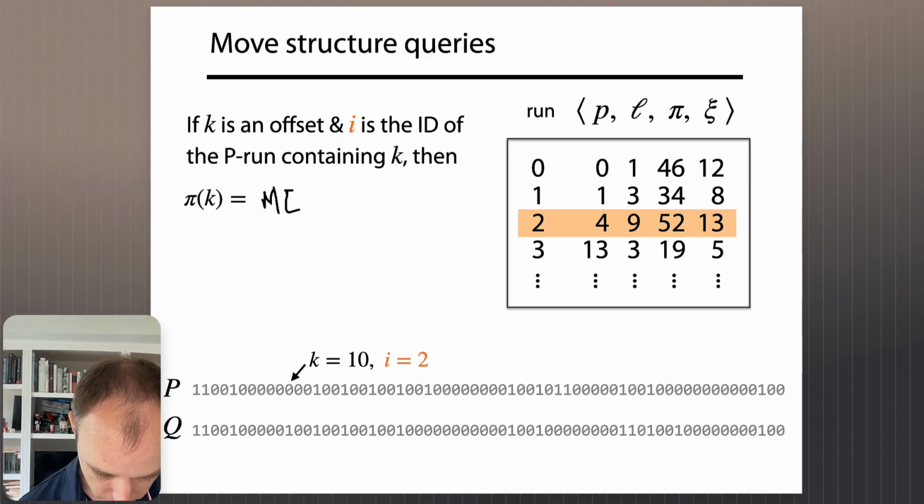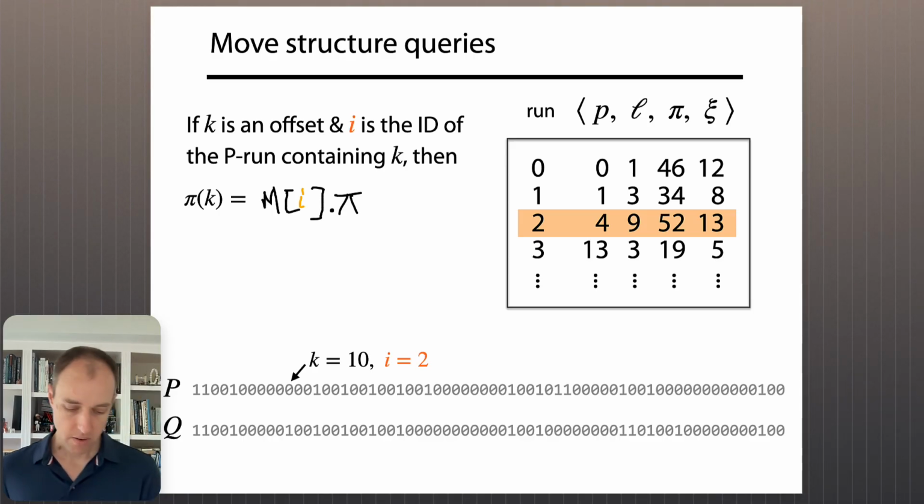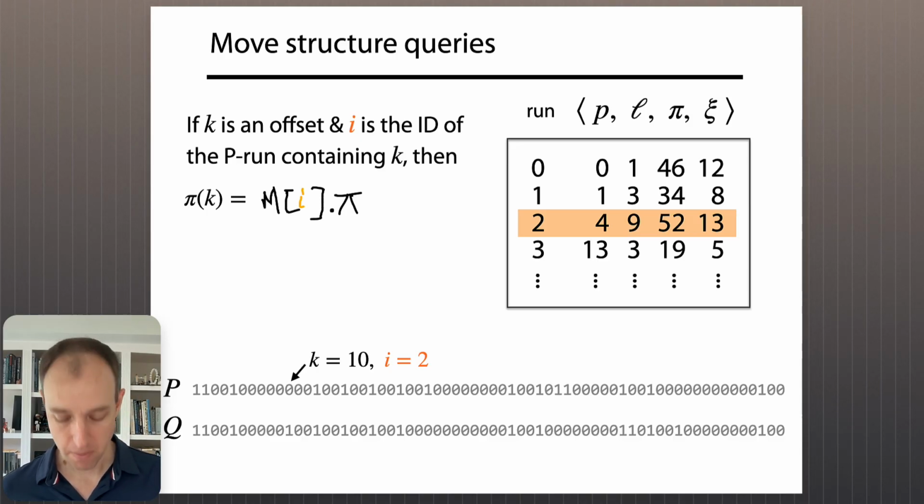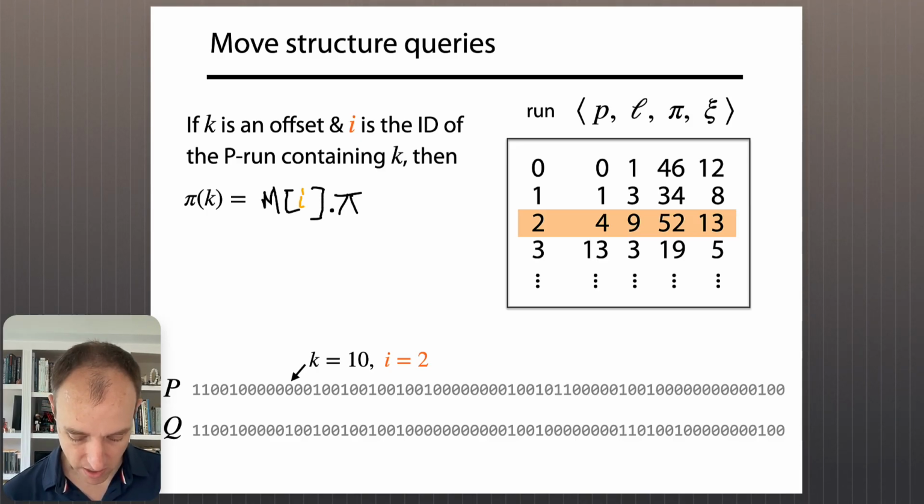I'm going to use orange for i. So the move table at row i, so row 2 in this case, dot pi, that's the offset to which the run head maps. But then we need to add on how far we are from the run head. So that's going to be k minus, and let's do another use of the table.